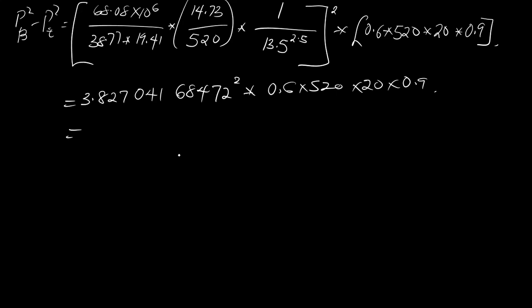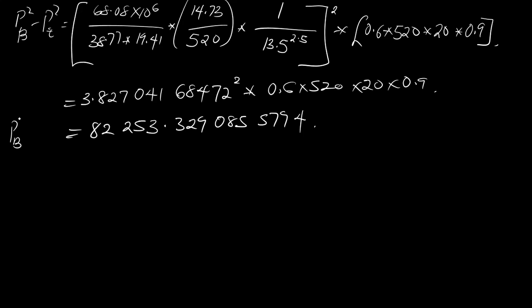So let me square this times 0.6 times 520 times 20 times 0.9. So I have 82,253.329,085,794.